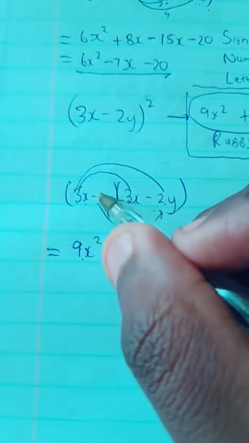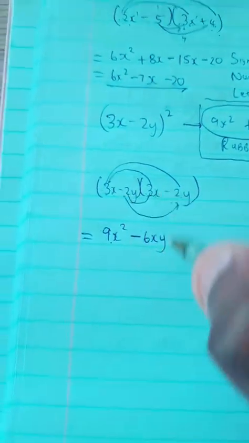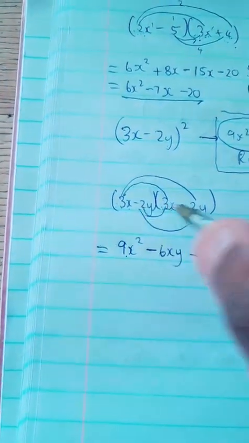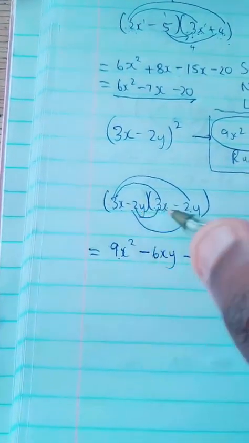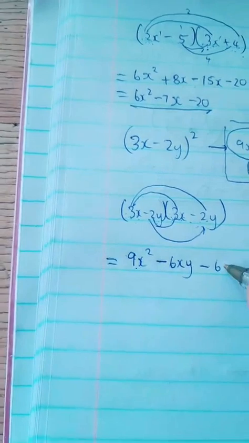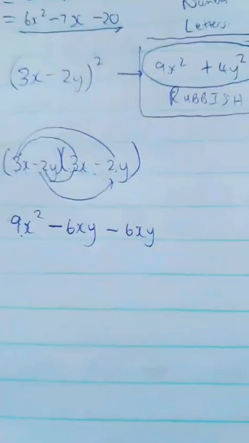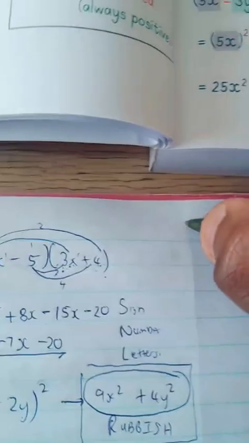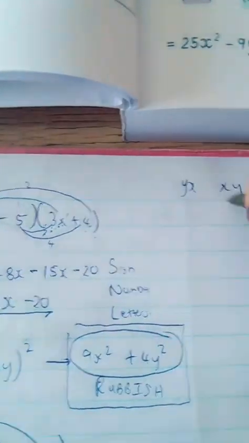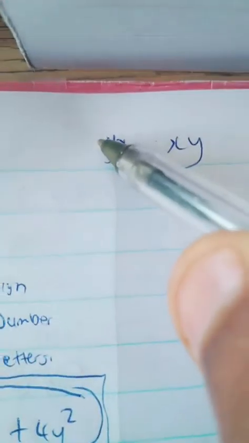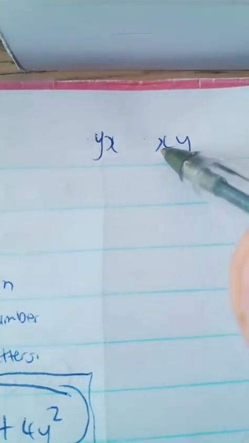Next, negative 2y times 3x. Negative times a positive gives negative. 3 times 2 gives 6. Y times x gives yx, or you can write it as xy. Remember guys, whether you say yx or xy, we learned that multiplication is commutative. Yx is the same thing as xy.